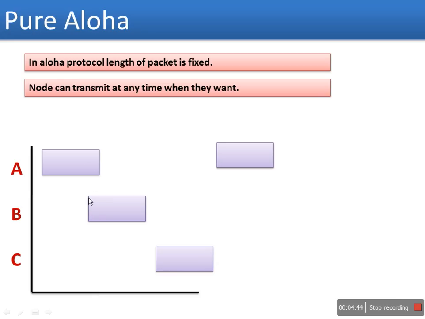At this time, A is already transmitting its data and B also starts transmitting data, and multiple nodes transmitting at the same time will result in a collision. So these two frames will collide, and this frame will not be received by its receiver in correct form.